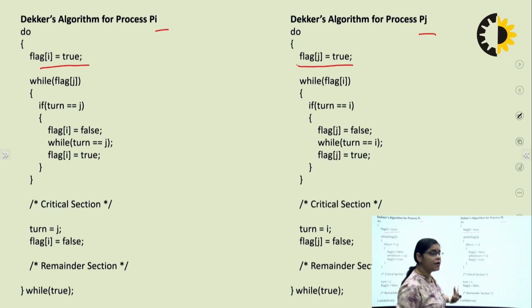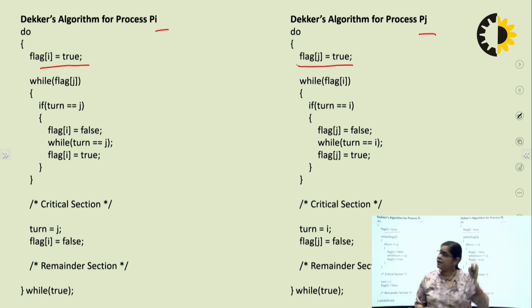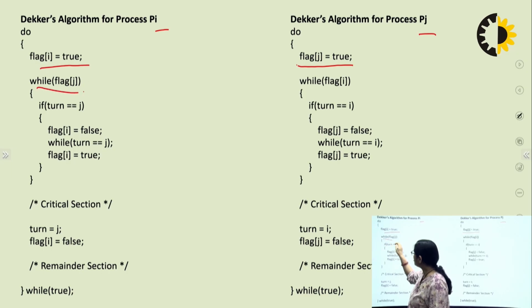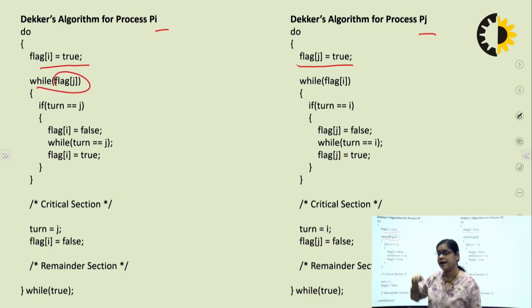Now we are checking while flag of j. It means that Pi wants to enter, but the next process is saying that okay, you can go, the other process can take the turn, right? In Hindi we say, pehle aap.